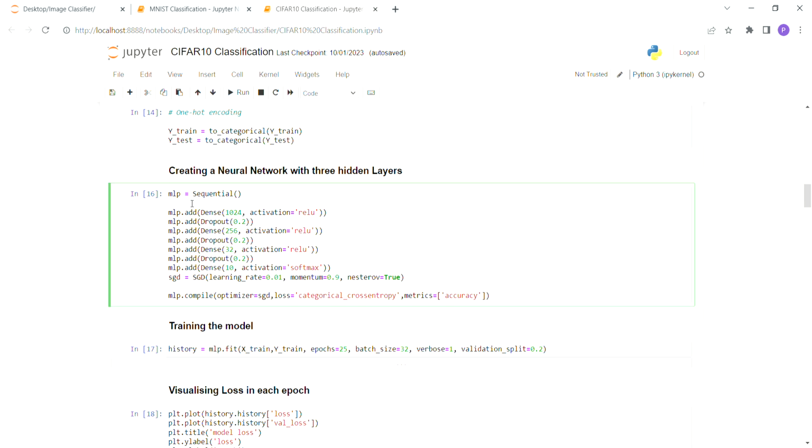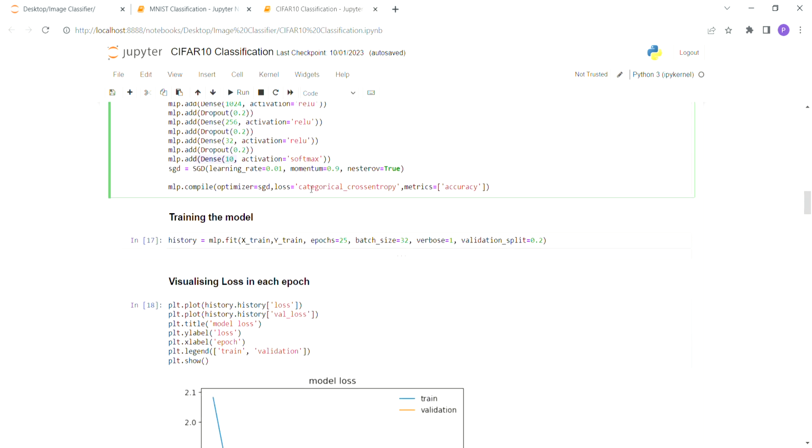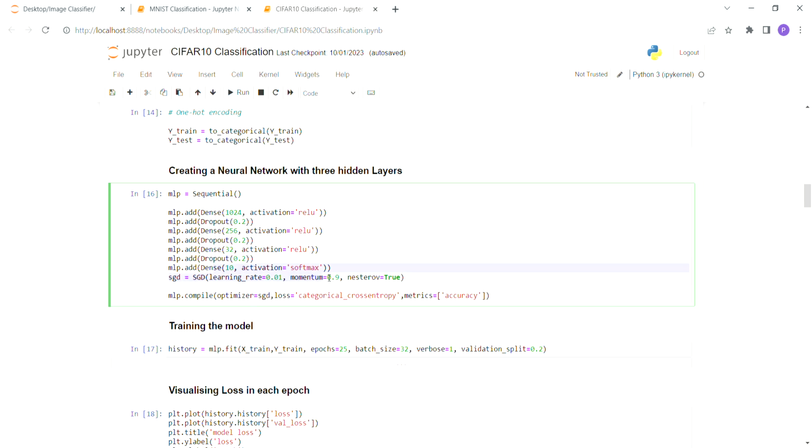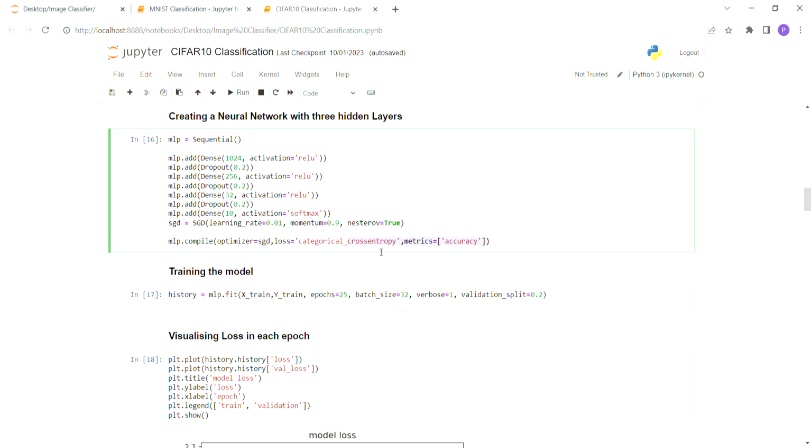Then we will be creating a sequential model consisting of three hidden dense layers and a final output layer. We will be using SGD with momentum as the optimizer and cross entropy loss.